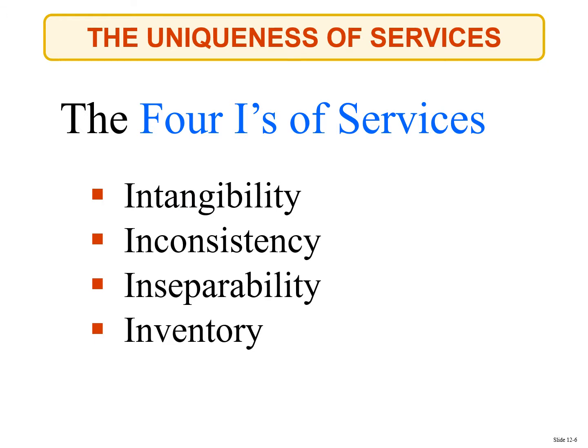So there are four elements of services, and these are called four I's. We call them four I's because they all start with I. And these four I's, intangibility, inconsistency, inseparability, and inventory, which we're going to discuss in detail one by one, make services unique as compared to goods, like a cell phone, a refrigerator, a toothpaste, or whatever tangible good you can think of.